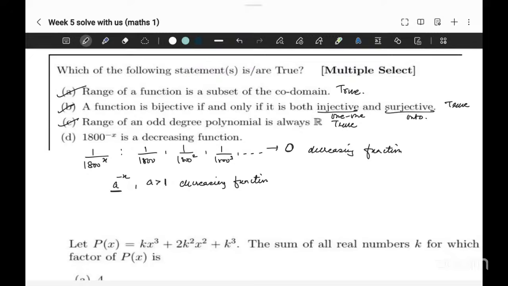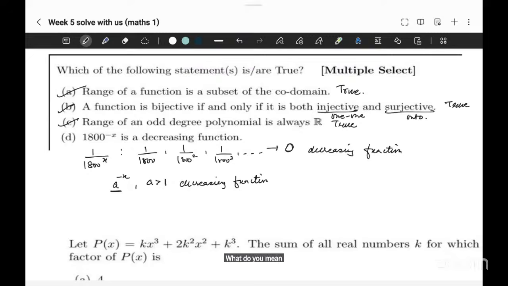Now is it clear? Yes, ma'am, I have a doubt. Why can't we take x as a negative integer? X as a negative integer? What do you mean?